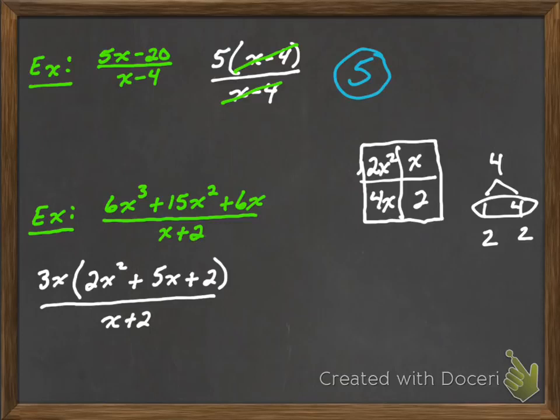Now in the top row, you're going to factor out a GCF here, and that GCF is x. Now it's a multiplication table. X times 2x gives us the first box here. X times 1 gives us an x right here.